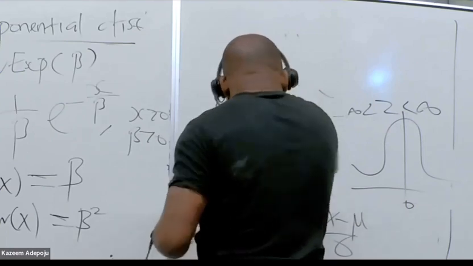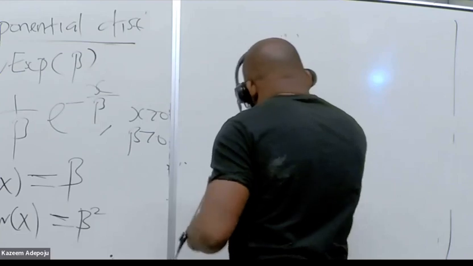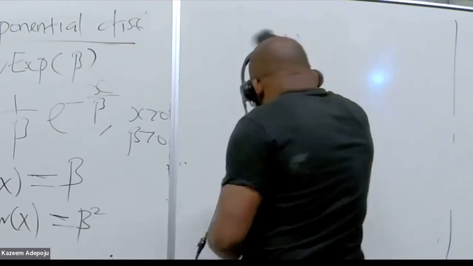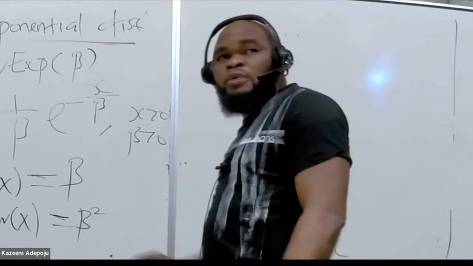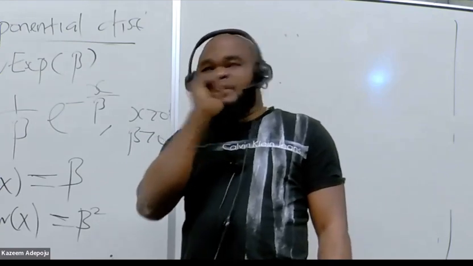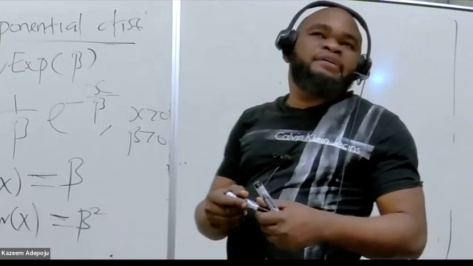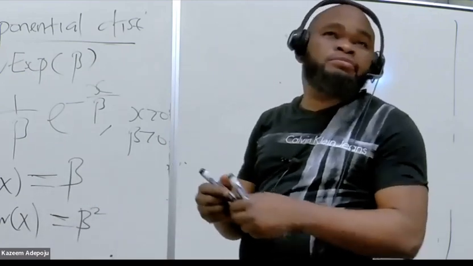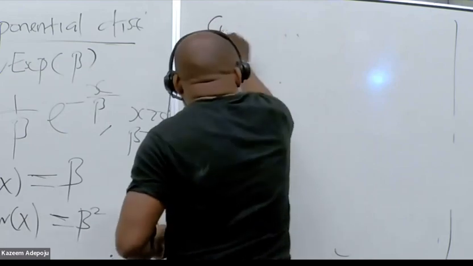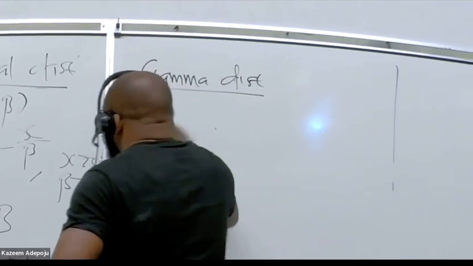gamma distribution. When I'm focusing on one component, I'm going to use this guy. But if I'm now focusing on more than one, then we have what we call the gamma distribution.